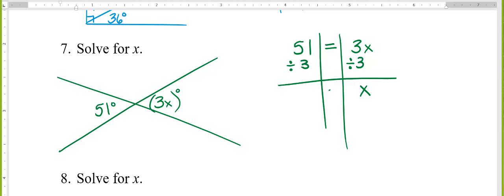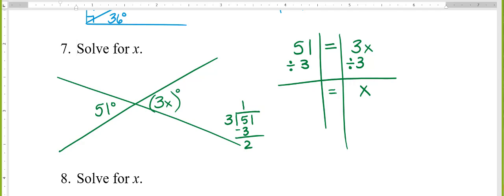Okay, over to the side. Do we need to do 51 divided by 3? I bet Audrey can't see that. Let's do 51 divided by 3. I can see it now. Okay. 3 goes into 5 one time. 3 times 1 is 3. When we subtract, we get 2.